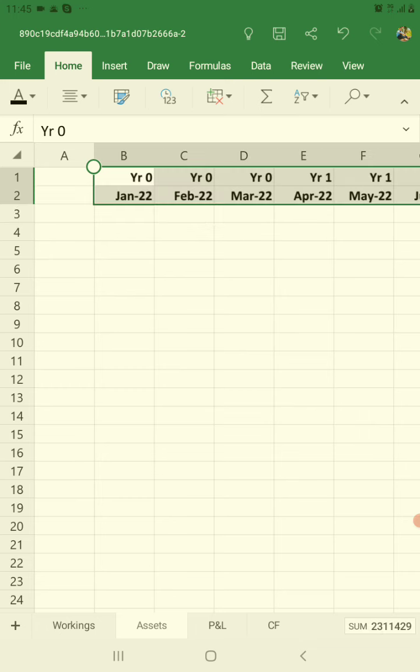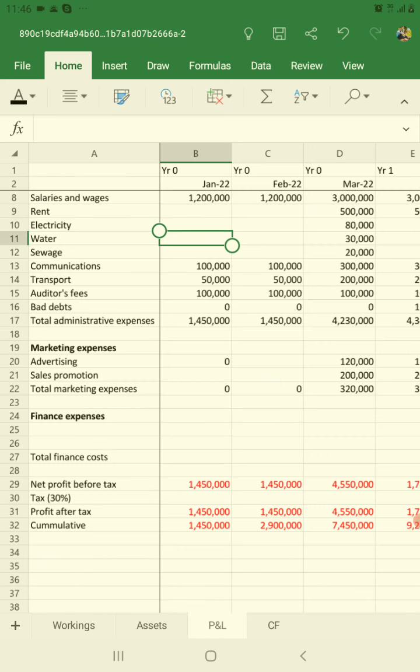I can paste this format to other sheets also, so let me go to P&L sheet and click on January on top at tier 1 area, tap to paste.